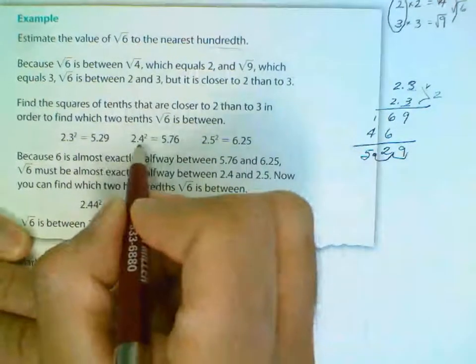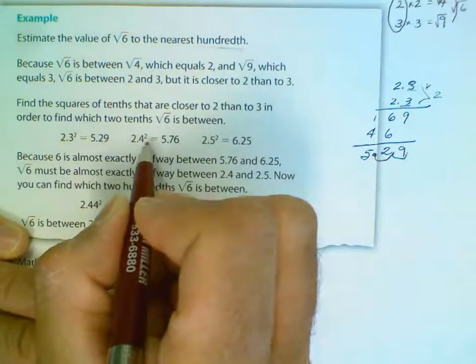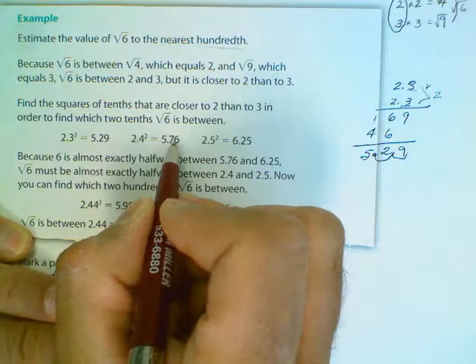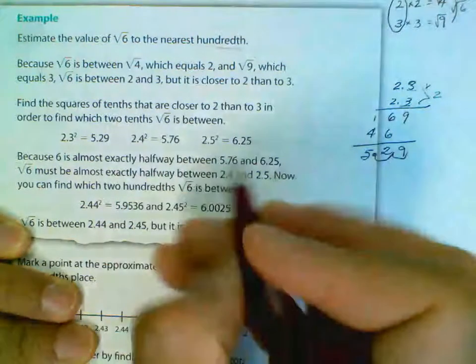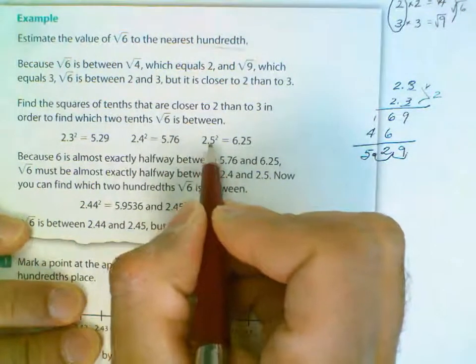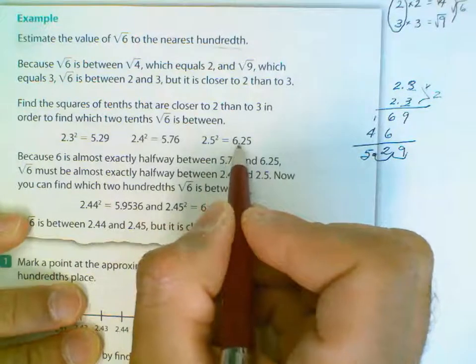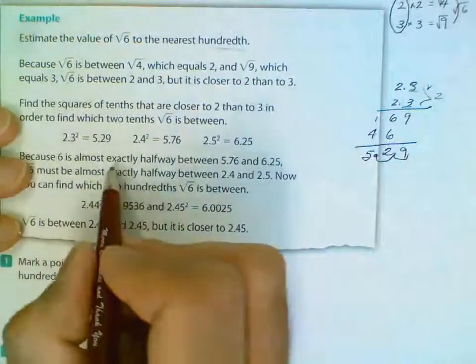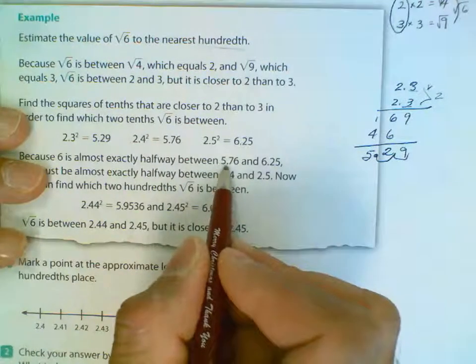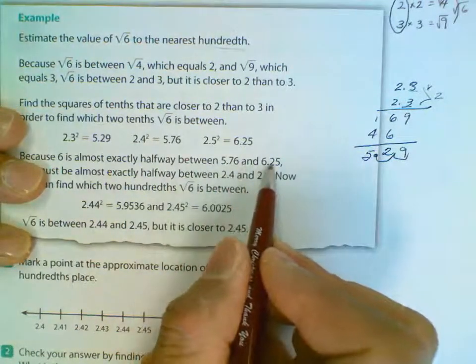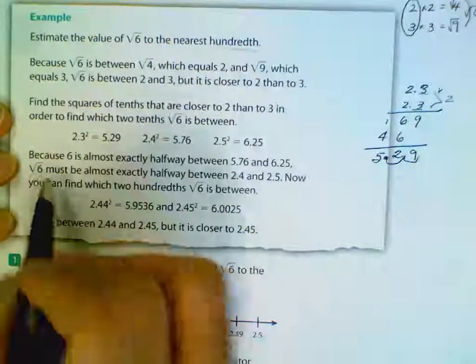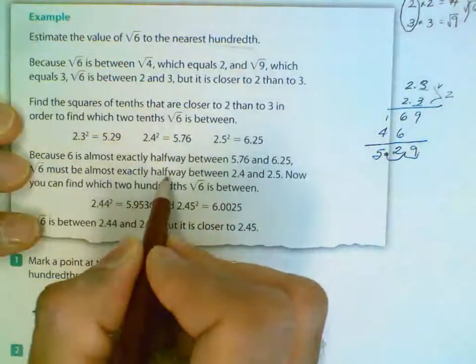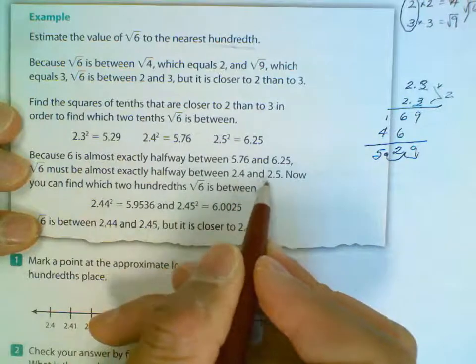Then you have 2.4 to the second power equals 5.76. I'm not going to do it; we have an example here. And then I have 2.5 to the second power equals 6.25. In this one, because 6 is almost exactly halfway between 5.76 and 6.25, the square root of 6 must be almost exactly halfway between 2.4 and 2.5.